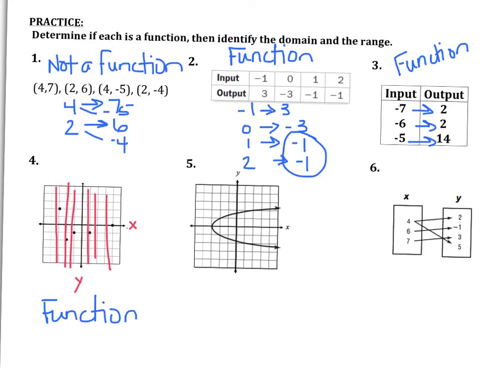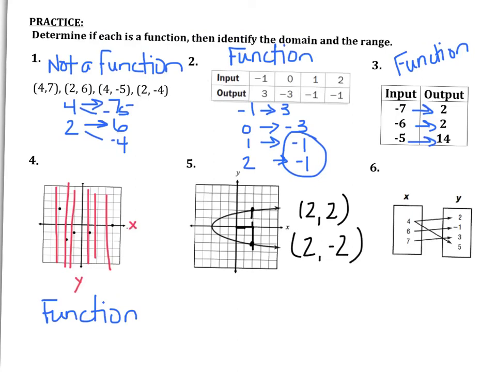This one's a little easier for you to see the vertical line test. Let's take 2 points, and you can take any points. I'm going to take one from here and one from here because they're at the whole numbers. If I go over 2, up 2, my point here is 2, 2. If I look at the bottom one, the input is 2 and the output is negative 2.